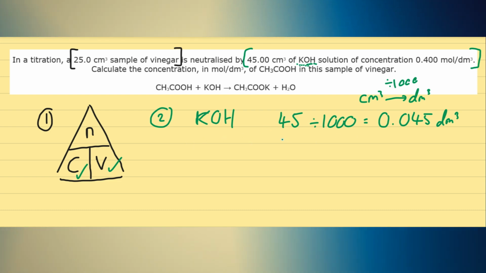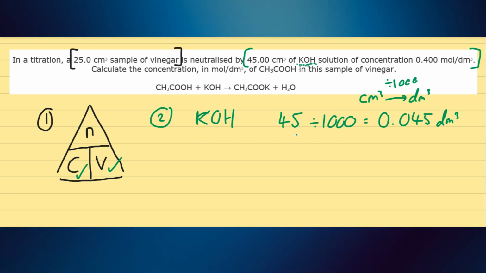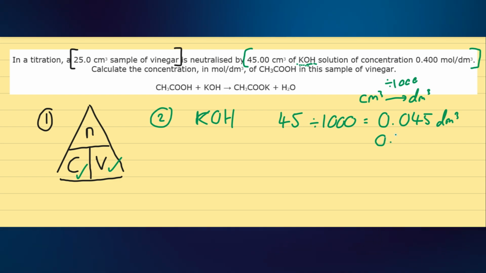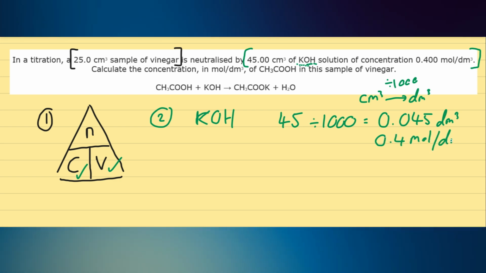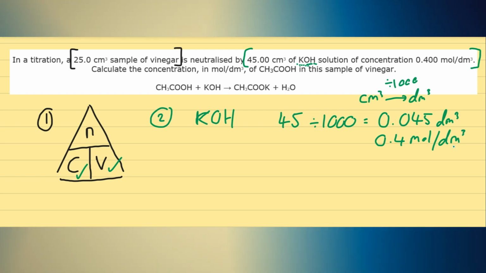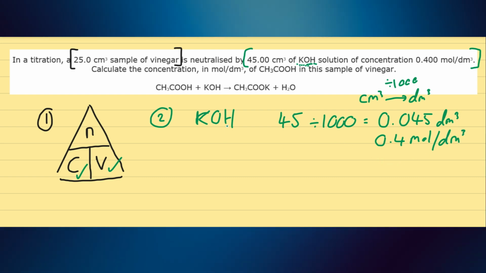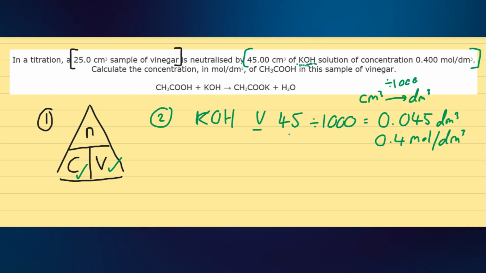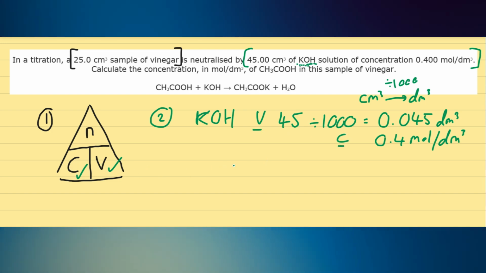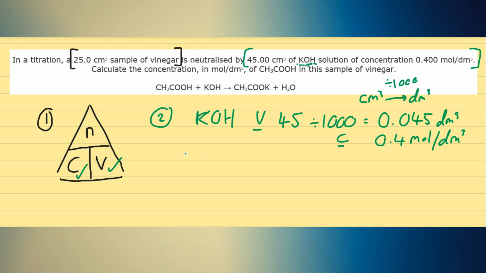So that's my volume. I've also got 0.4 moles per decimeters cubed. So you can see I've got my decimeters cubed all lined up and ready to go. So I have my volume and I have my concentration. What do I need to do? Concentration times volume to work out my number of moles.